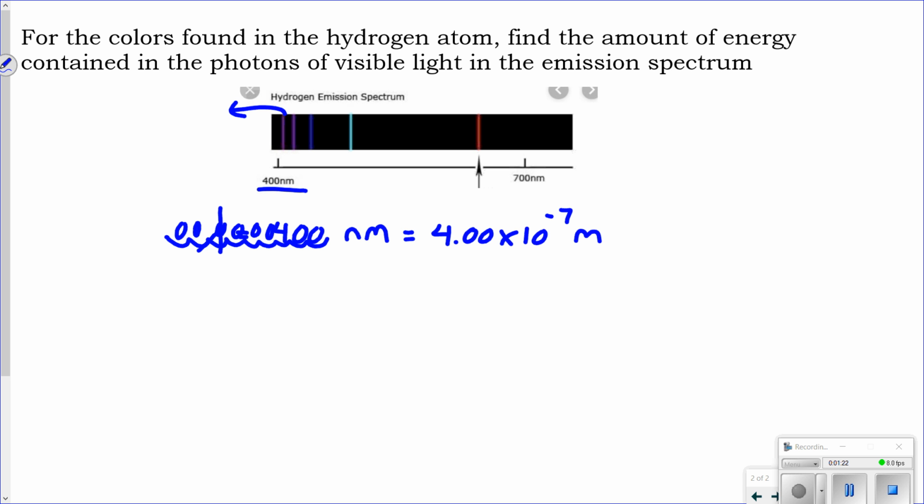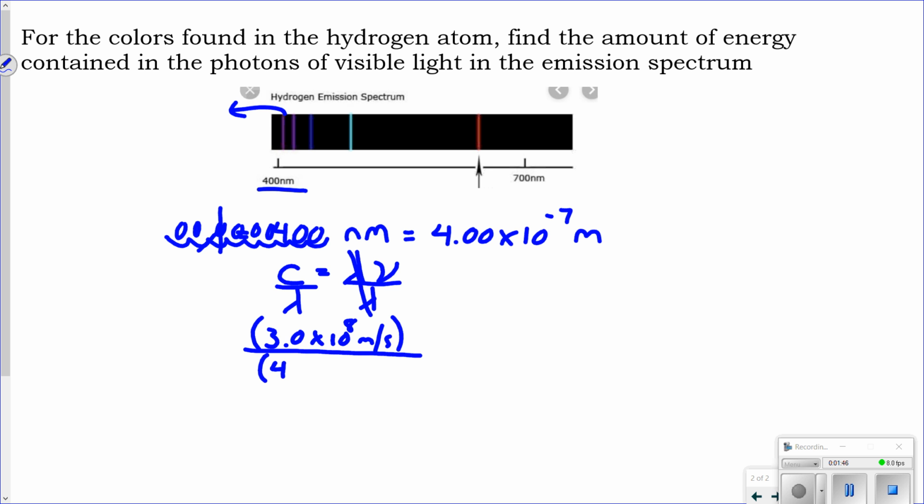So then, to get the frequency, I remember c is wavelength times frequency. I can isolate frequency by dividing by the wavelength. And now I'm ready to fill in my numbers. Speed of light, 3.0 times 10 to the 8 meters per second, divided by the wavelength, 4.00 times 10 to the negative 7.